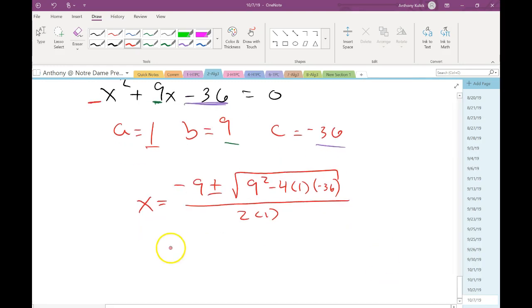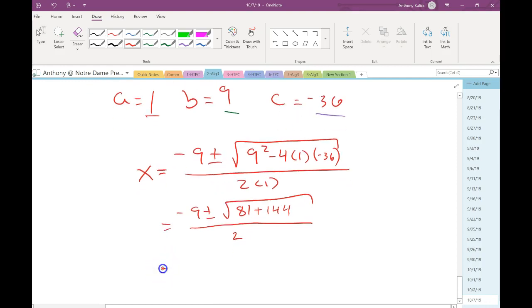Okay, so now all I need to do is crunch some numbers. 9 squared is 81. Negative 4 times 1 is negative 4, and then times negative 36 is 144. And that's all over 2. 81 plus 144 is 225.